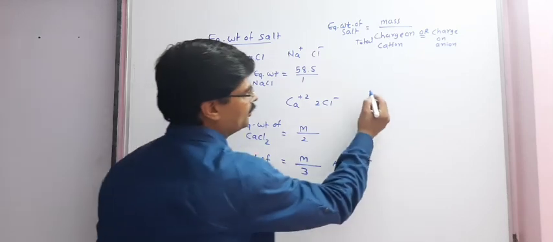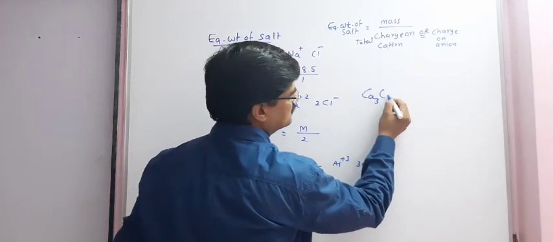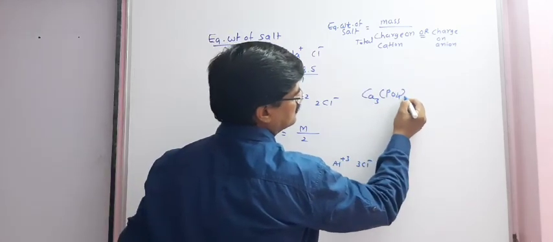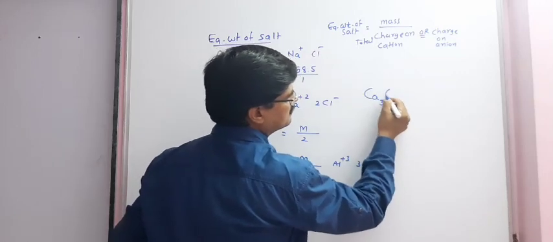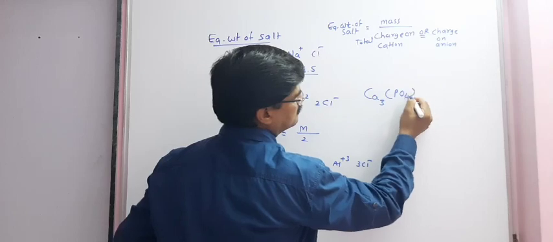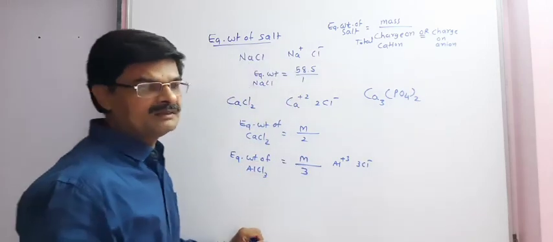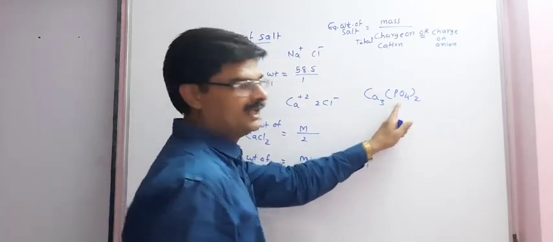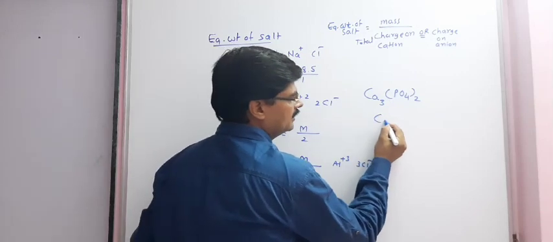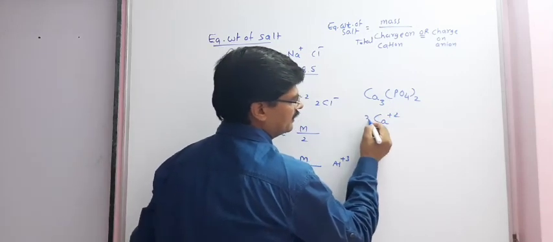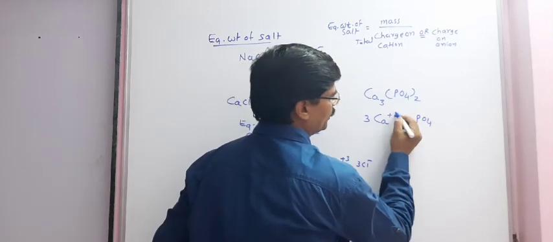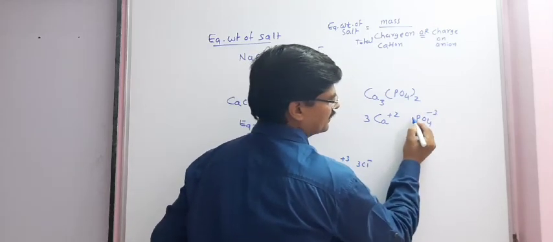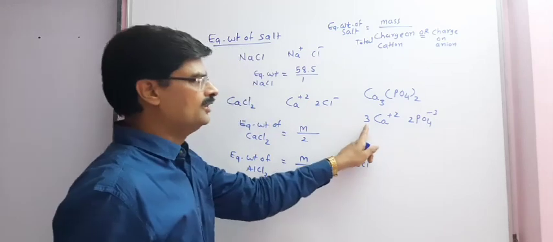Now for calcium phosphate. The formula of calcium phosphate involves Ca2 plus and PO4 3 minus. So we write Ca2 plus 3 times and phosphate ion PO4 3 minus 2 times.